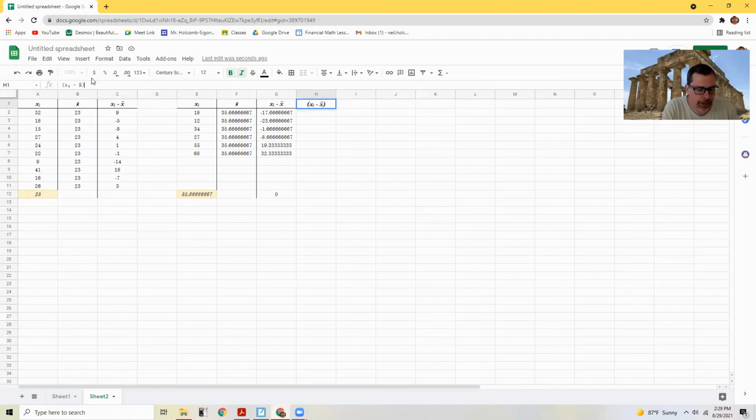Okay, and then I don't want to take the time to do this squaring, so I'll just do a caret symbol to show that we're going to square that. So now this is going to equal this squared, or times itself. Okay, and then autofill. So notice they're all positive because a negative times a negative is positive. Okay, keep that in mind.